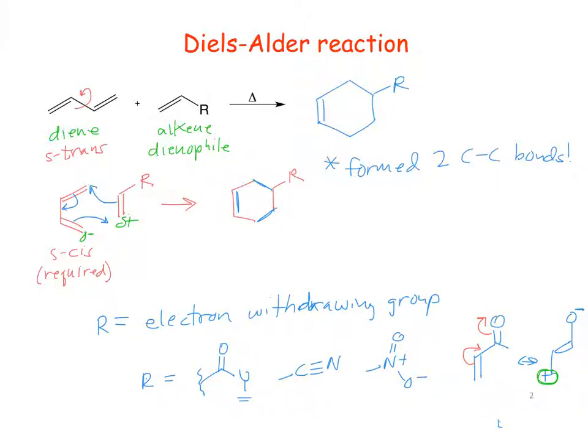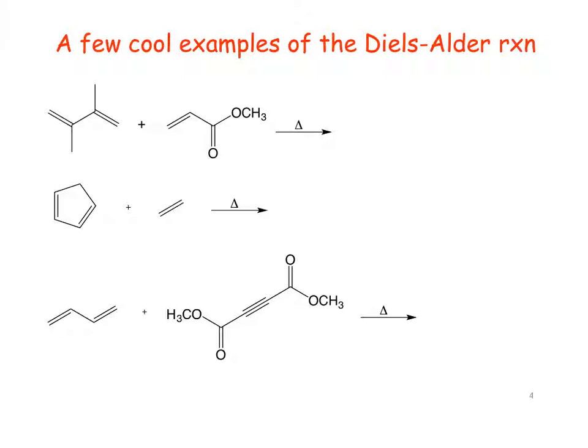So let's look at examples. Here's various examples here. Here we have the diene, and this one is the dienophile. Remember, here's the alkene of the dienophile, and this part is the electron withdrawing group.